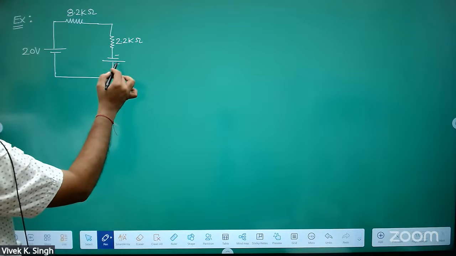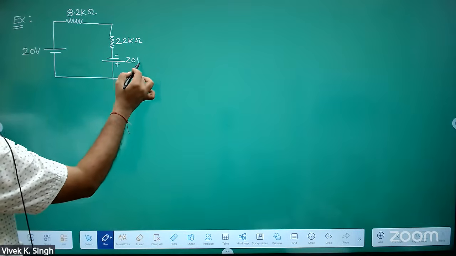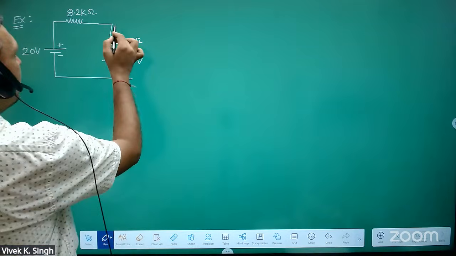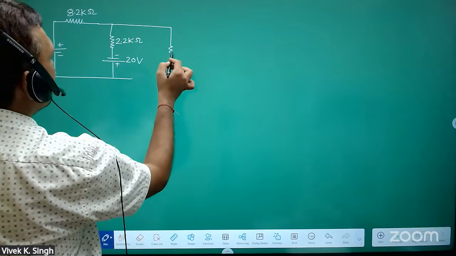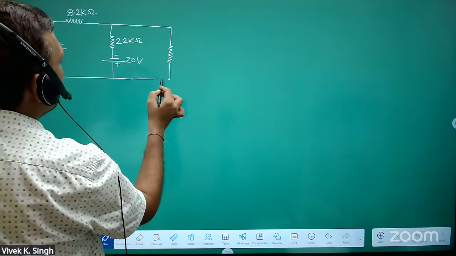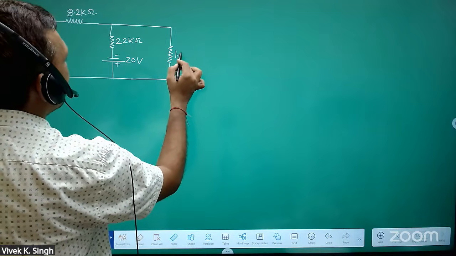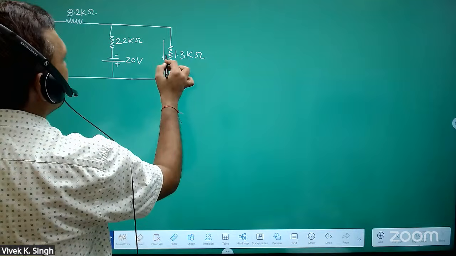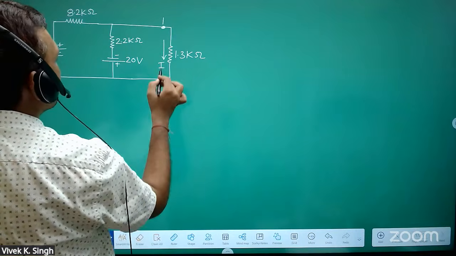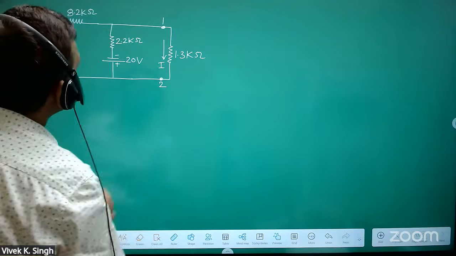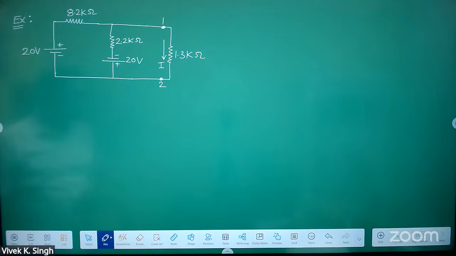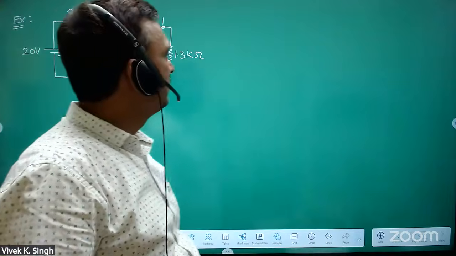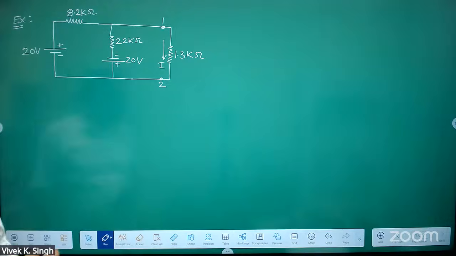And this value is again 20 volt. This is given, and let's take this as 1.3 kilo ohm. What will be this current I? Now try to solve it. What will be the current through the 1.3 kilo ohm resistance?